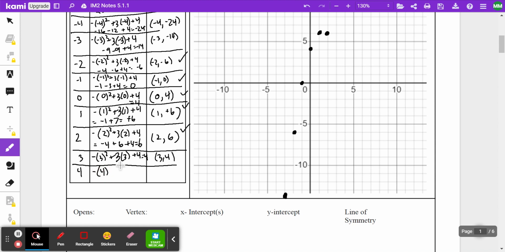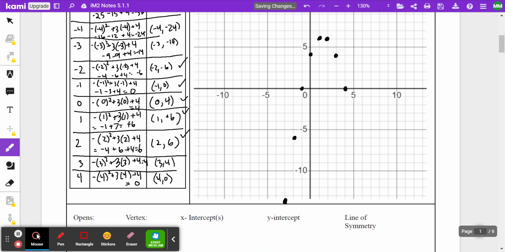Negative of 4 squared plus 3 times 4 plus 4 is 0. So the point 4, 0 is on the graph. Let's add those points. I go over 3 up 4. I go from 0 over 4, 0.